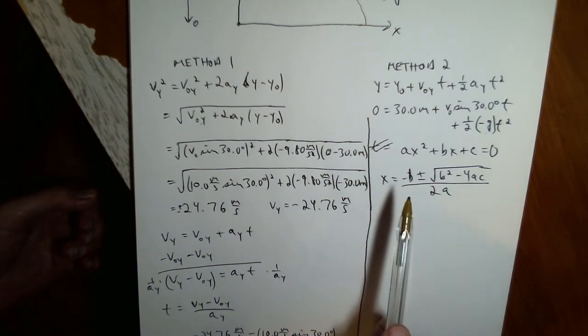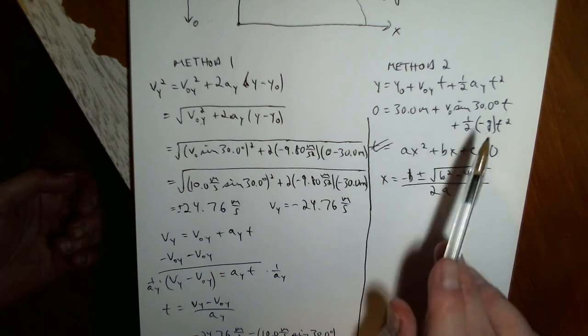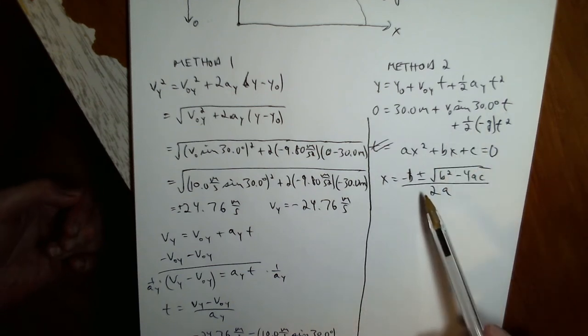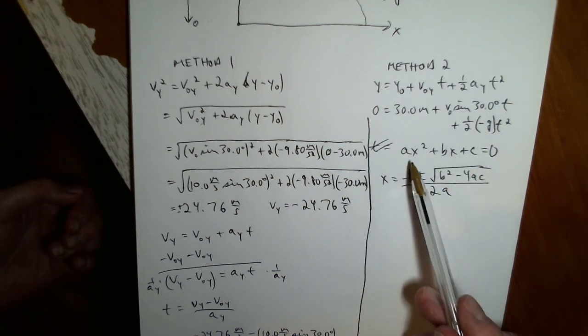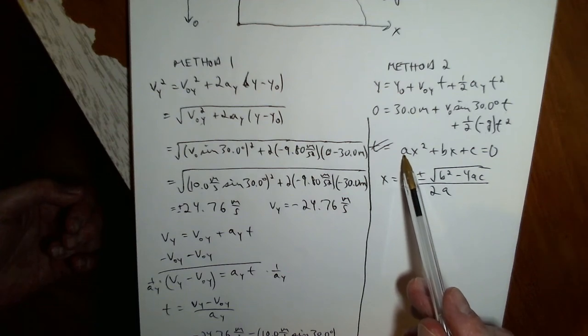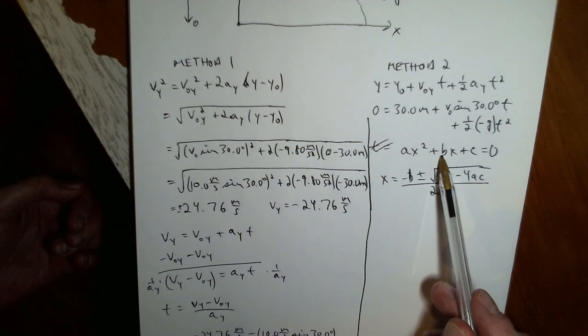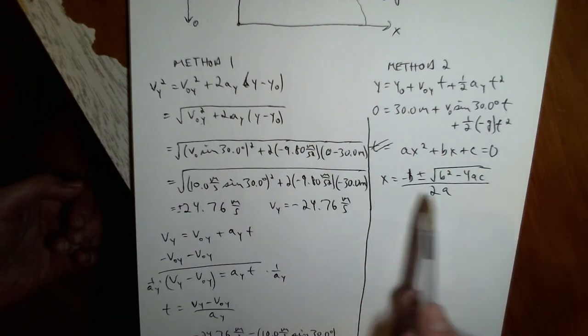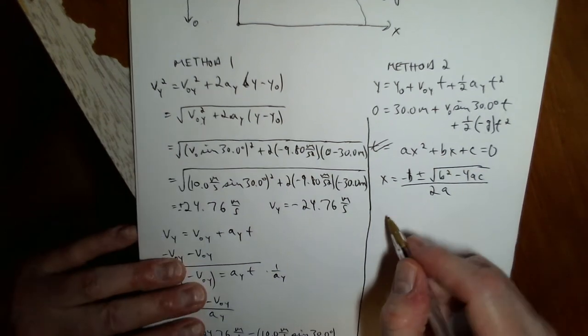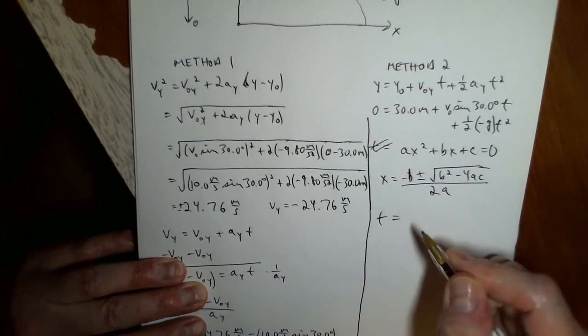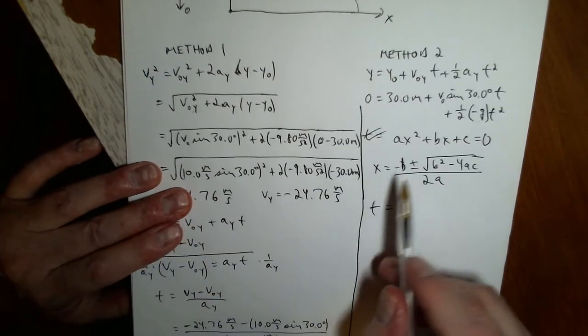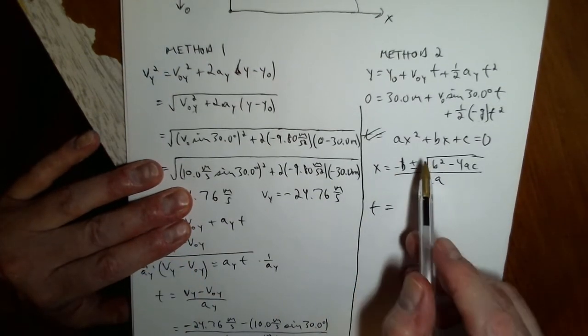So I'm going to use this formula to solve for t from this equation. It's purely a matter of identifying which numbers or variables constitute a, which constitute b, and which constitute c, and then plugging into the formula. So t is equal to minus b.